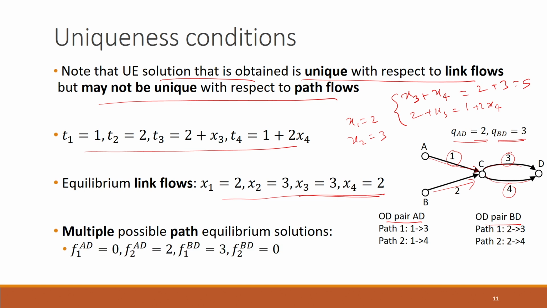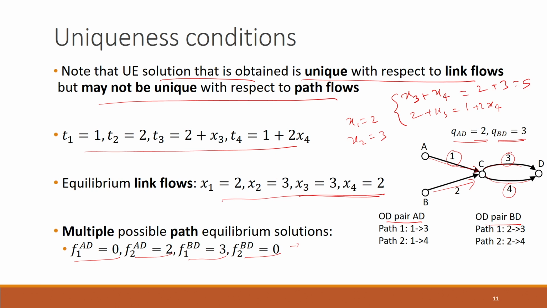So, one such set of path flows is this. Suppose 0 flow takes place from A to D on the first path, 2 units of flow take place on the second path connecting A to D, and then 3 units take place on the first path connecting B to D, and 0 units of flow on the second path connecting B to D. Now, let us see how these path flows result in these link flows.